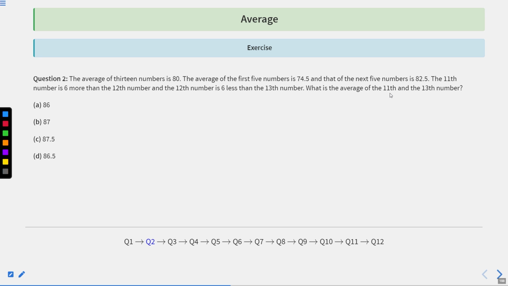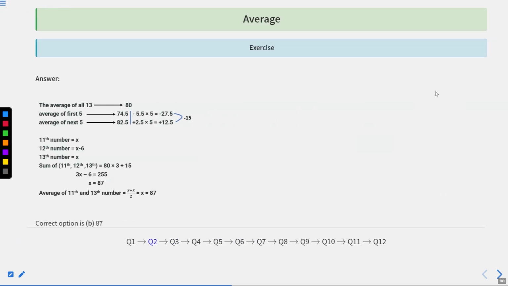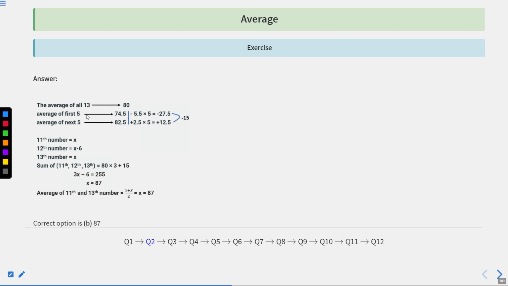What is the average of the 11th and 13th number? Here, the average of all 13 numbers is given to be 80, the average of the first 5 is 74.5, and the average of the next 5 is 82.5.